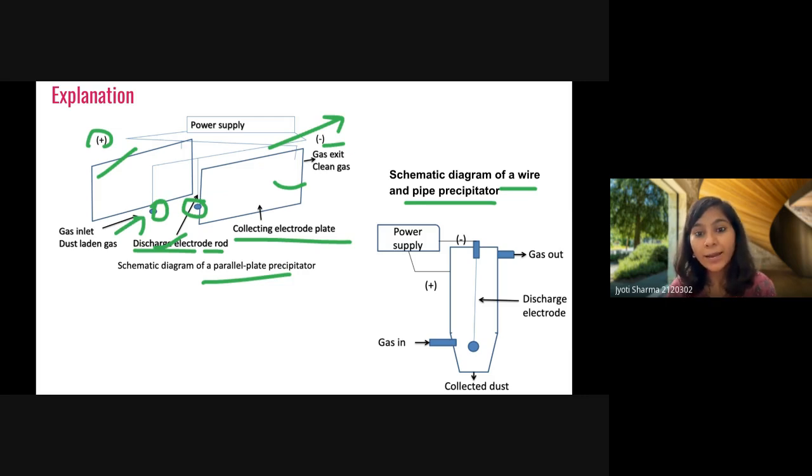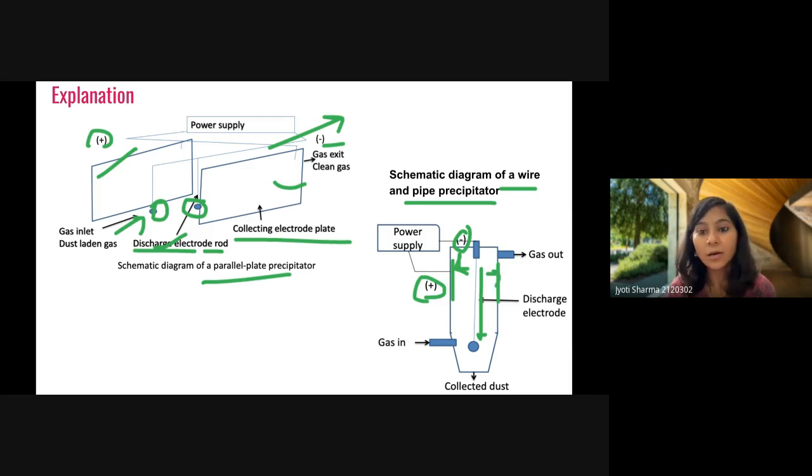If there is a wire and pipe precipitator, it means we are having a pipe, and in that pipe we have a wire. So this is our discharge electrode and this is our pipe. So the pipe has positive and this has the negative. And whenever the gas will come in, the particulate matter will take the negative charge. Whenever this negative charge will collide with this outer layer, then it will neutralize, and this is how collection will be done.